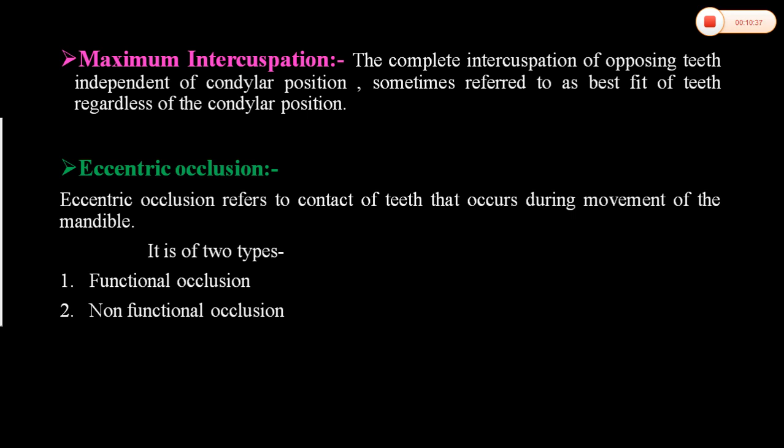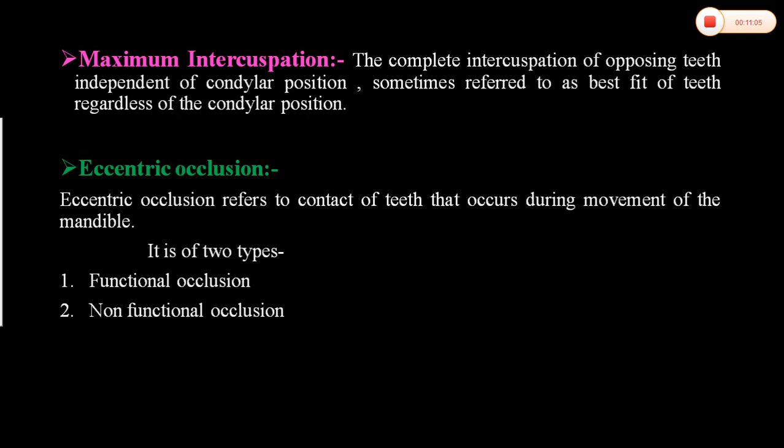It is sometimes referred to as the best fit of teeth regardless of condylar position. See, when the mandible is in centric relation, occlusion in that position is known as centric occlusion, whereas in maximum intercuspation, upper and lower teeth come into contact irrespective of condylar position. Okay, this point you have to remember.